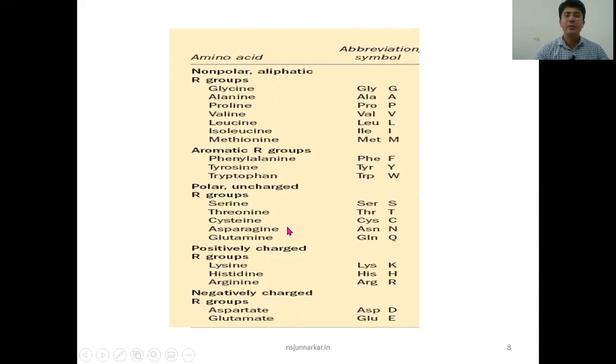So these are the different amino acids. The three-letter abbreviation is routinely used to refer to the amino acids, and the single letter abbreviation is now frequently used to indicate the sequence of the amino acids for a peptide chain.